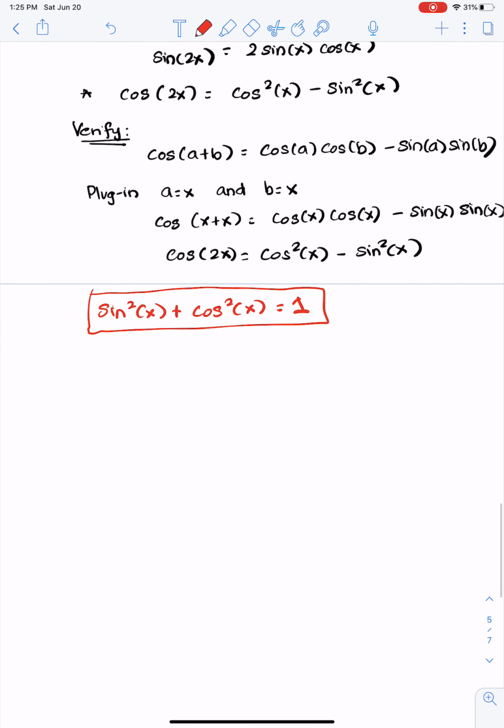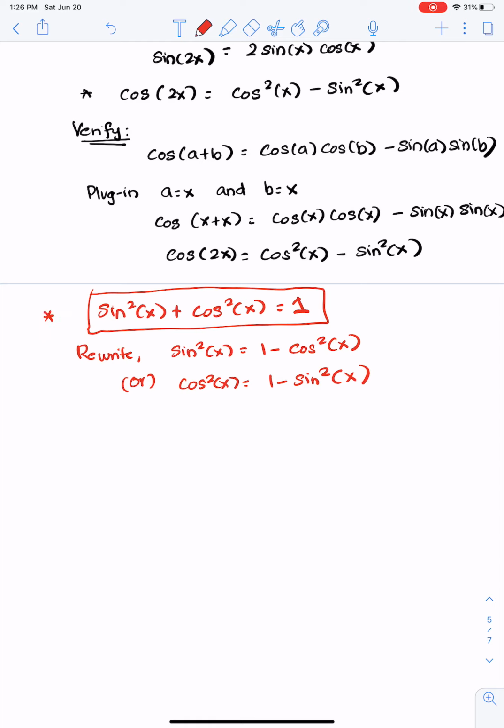So if I rewrote that, I would have sine squared x equal to 1 minus cosine squared x, or cosine squared x equals 1 minus sine squared x.